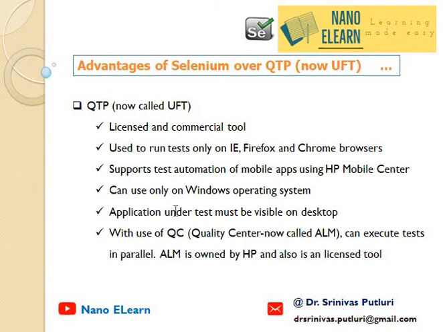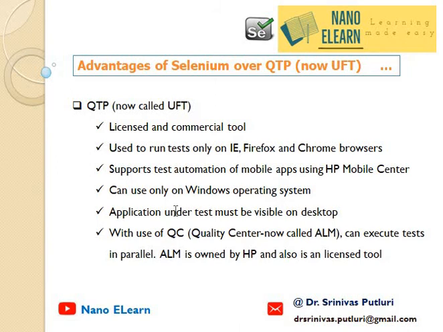And QTP, what are its drawbacks? It is a licensed and commercial tool. It is used to run tests only on IE, Firefox and Chrome browsers. It is limited to only three and it does not support all the other browsers which Selenium supports. It supports test automation of mobile applications using HP Mobile Center.